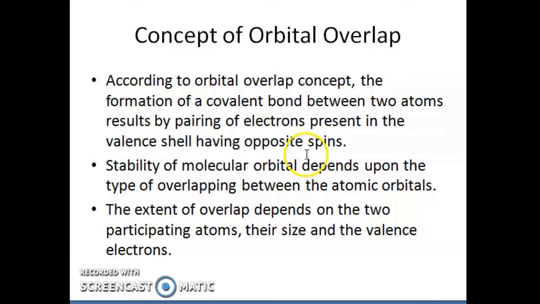The stability of the molecular orbital will depend upon the type of overlapping between the atomic orbitals, and the extent of overlapping will depend on the two participating atoms, their size, and the valence electrons.